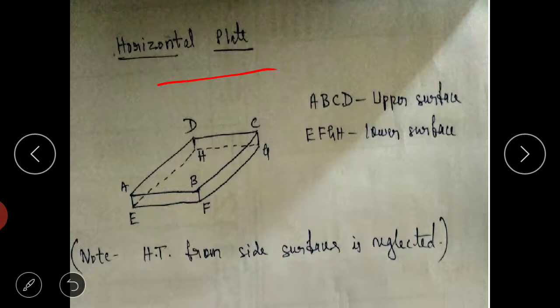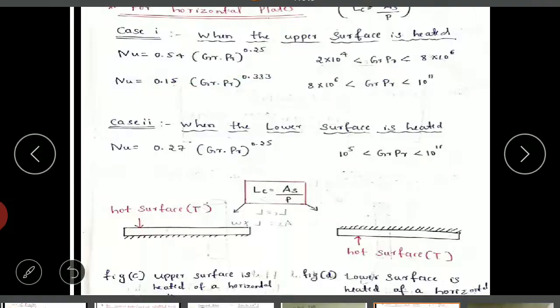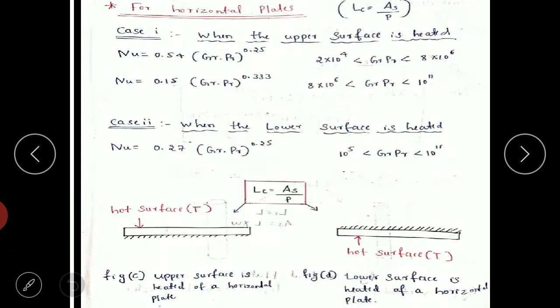In the horizontal plate, usually one of the surfaces will be insulated.